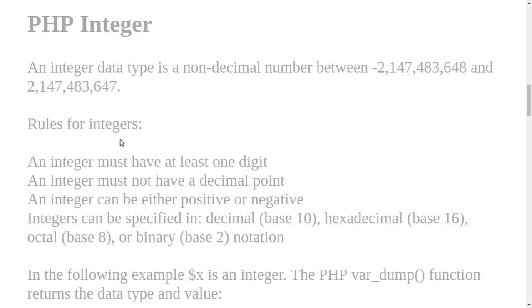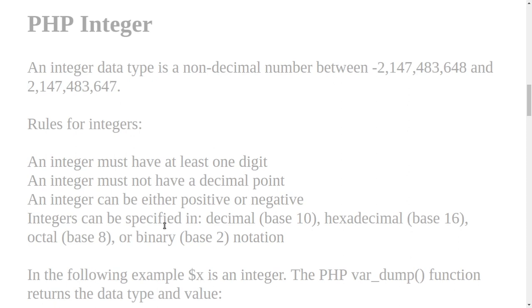Rules of integer: an integer must have at least one digit, and an integer must not have a decimal point. An integer can be either positive or negative.